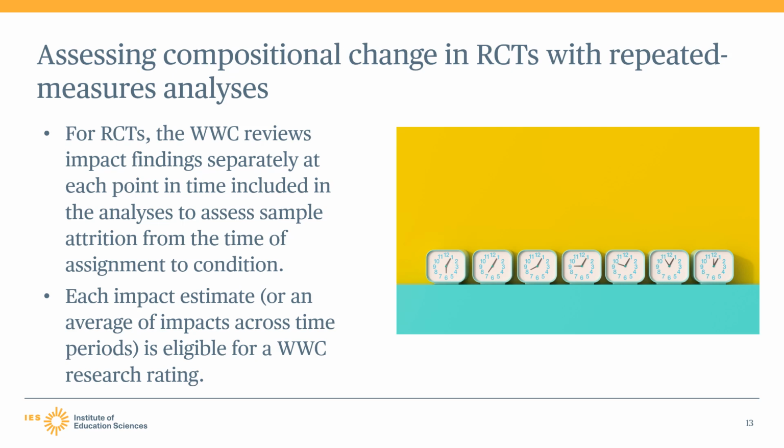Each impact estimate, or an average of impacts across time periods, is eligible to be rated meets WWC standards without reservations if all groups were formed in an RCT with a low risk of bias due to compositional change. Otherwise, it is eligible to be rated meets WWC standards with reservations.